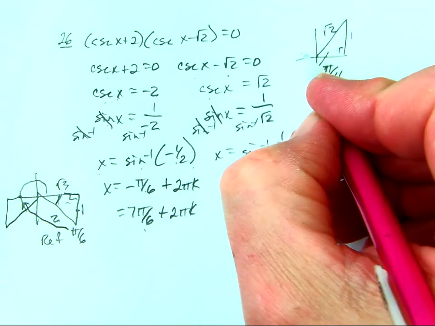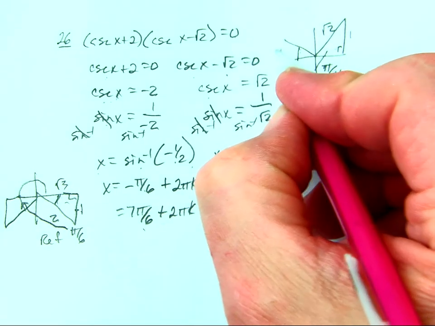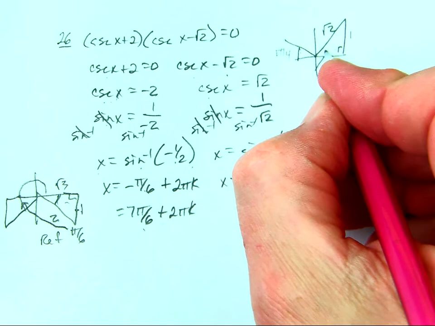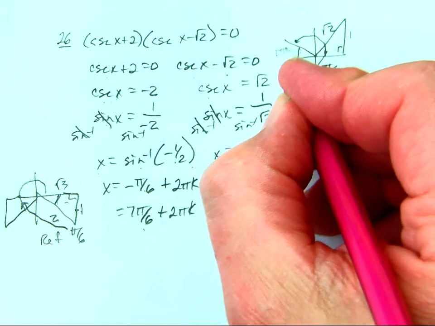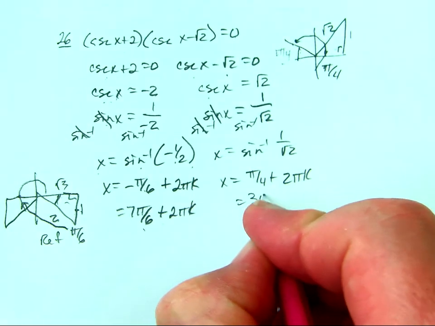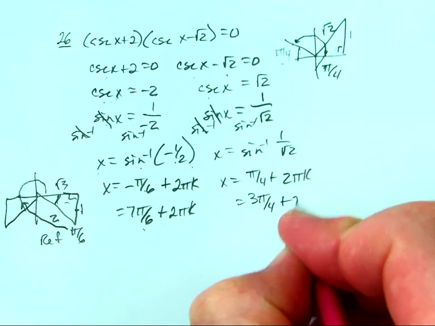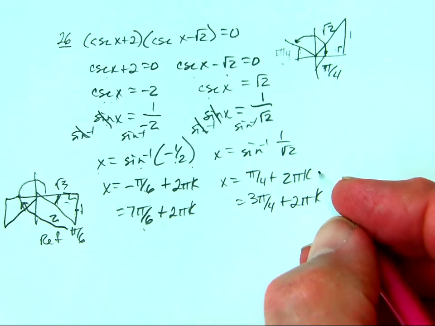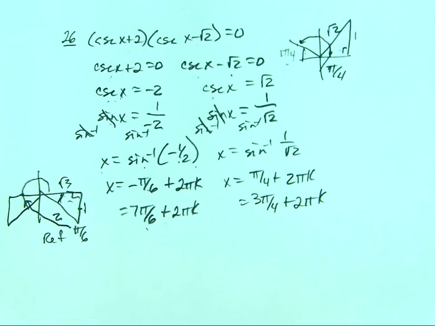Sine is also positive in the second quadrant. If we put pi/4 in the second quadrant, then all the way here would be 1 pi, which is 4/4, back a fourth, which is 3/4. So that's our two quadrants. Again, with inverse sine, you find it in two quadrants, and then you add 2 pi k or 360k, because that's the normal period for sine.